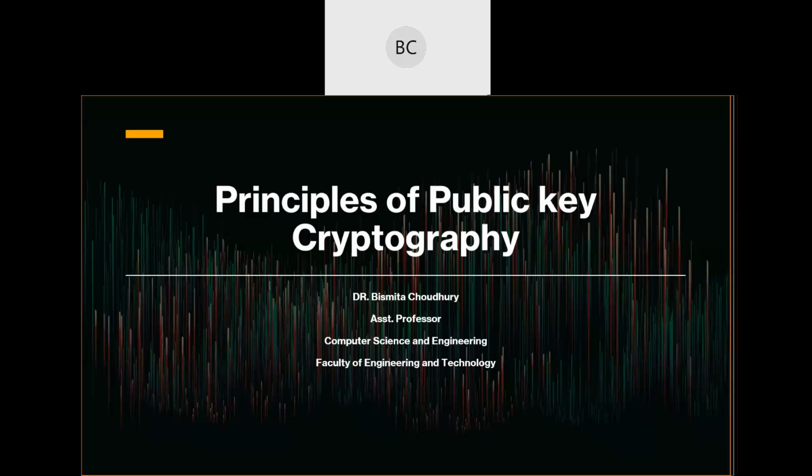There's just one key, and using the same key we perform both encryption and decryption. That means this key must be shared by both the communicating parties by any means, or they must rely on some third party.